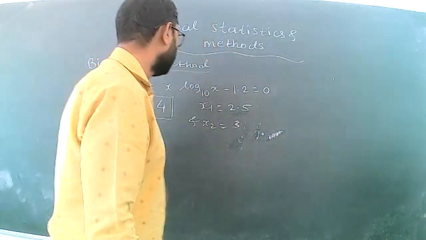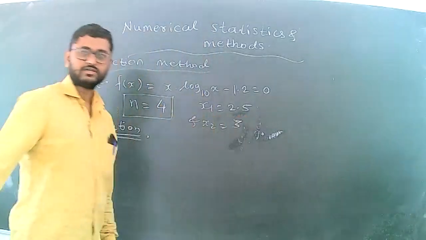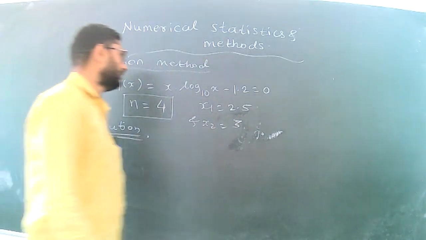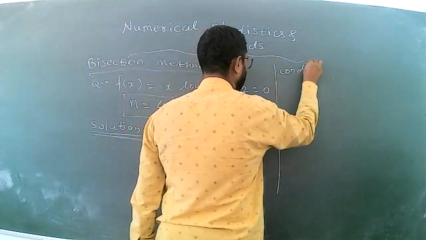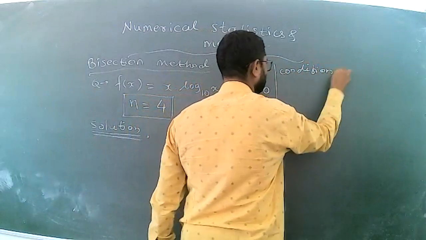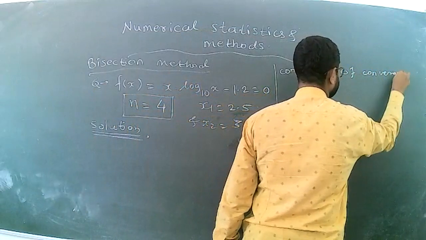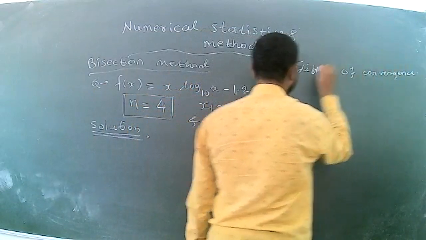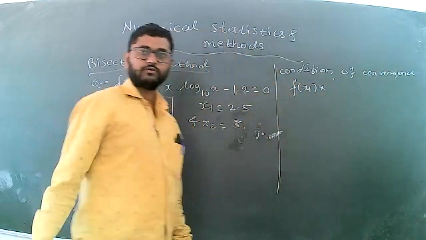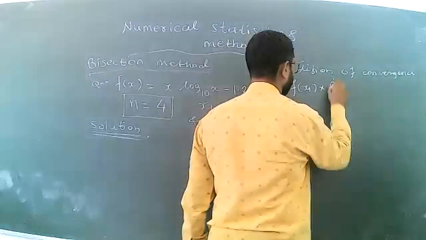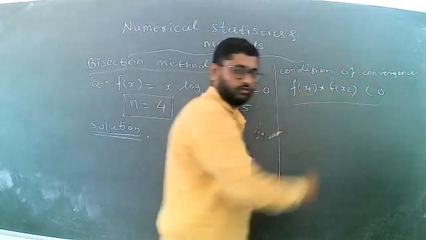For these initial guesses, the condition of convergence is f of x1 into f of x2 is less than 0.